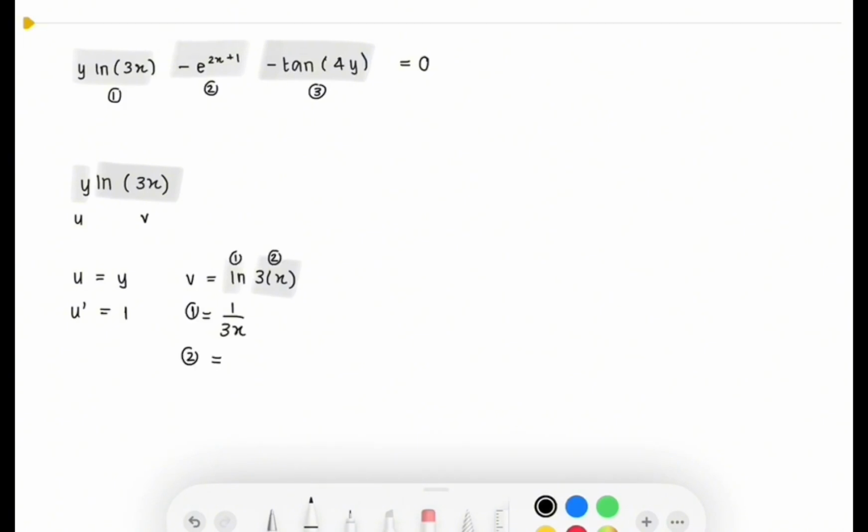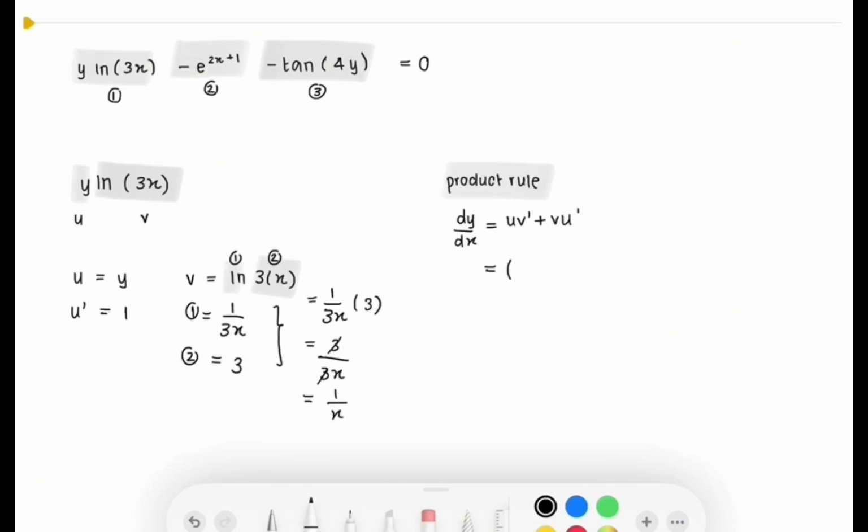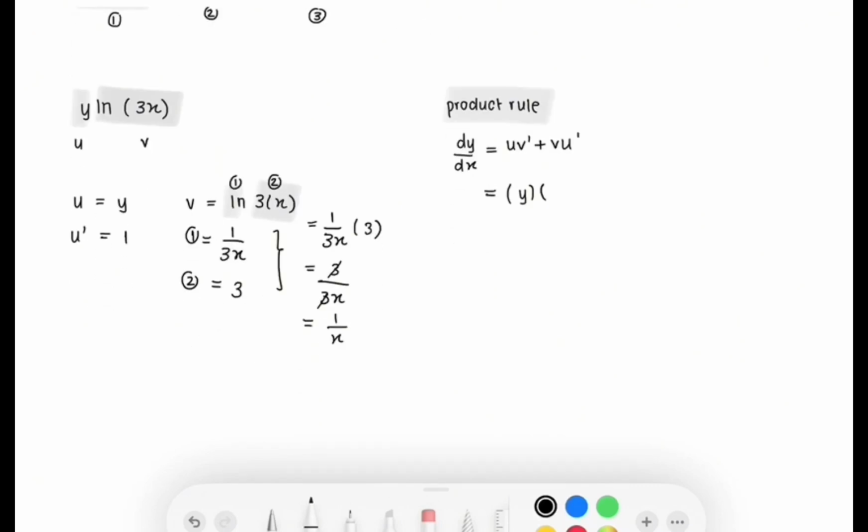Differentiating ln will turn into 1 over x, but since we have a 3, it will be 1 over 3x. Differentiating 3x will turn into 3, and when we put them together, we will end up with 1 over x. Next, we will use the product rule, which is dy over dx equals uv prime plus vu prime. We'll put the u and v into the product rule, and we'll solve it.